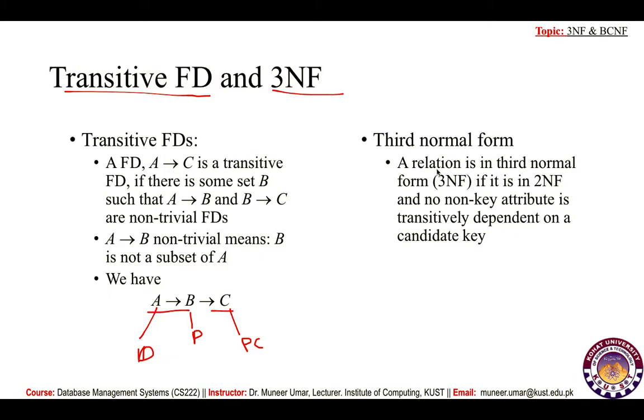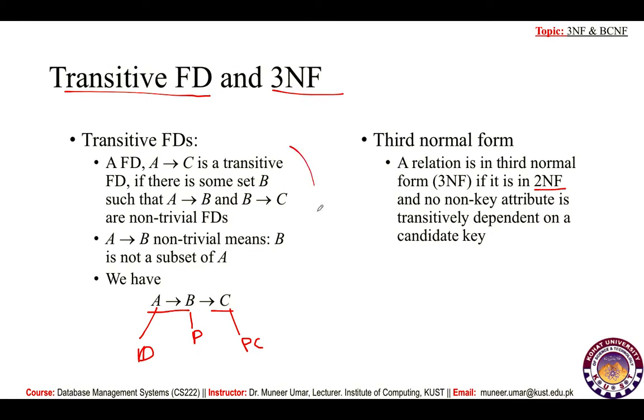So the definition of third normal form is quite simple. The first thing is that it must be in second normal form, and the second thing is that there must not be any transitive functional dependency. Second normal form plus no transitive functional dependency among the attributes. So a relation is in third normal form if it is in 2NF and no non-key attribute is transitively dependent on a candidate key.